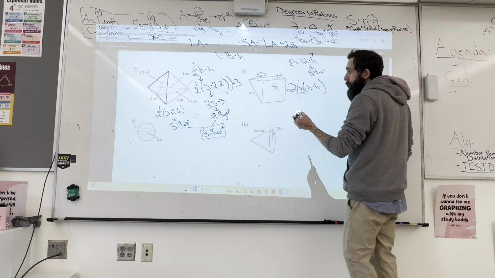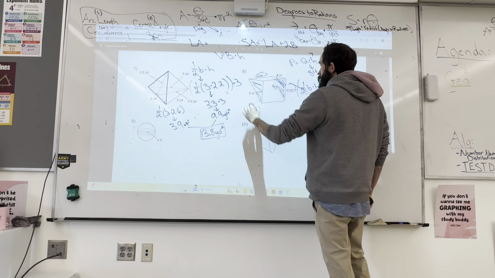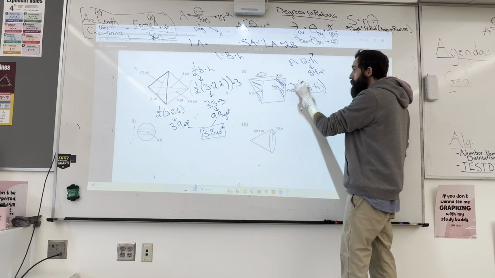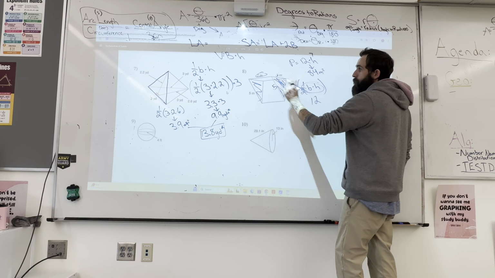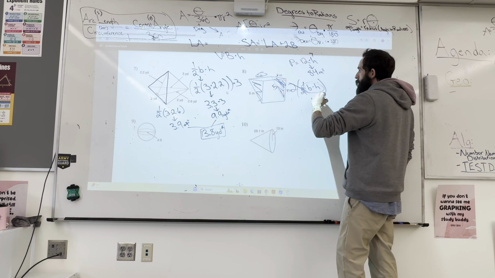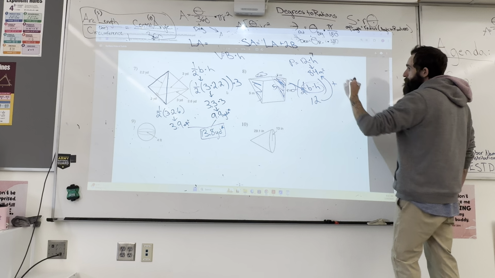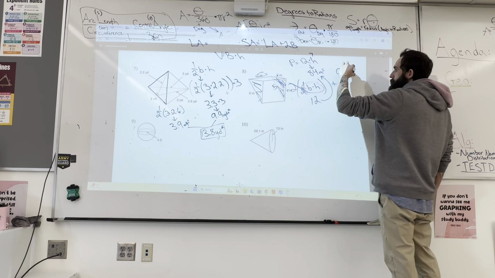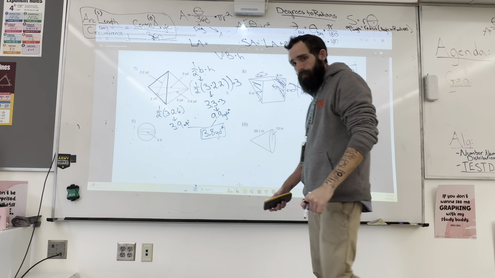So finding the area of both bases at once is just base times height. 3 times 4 is 12. That 12 covers both triangular bases. So I will add that to the 84, giving me a final answer of 96 meters squared as the surface area of that prism.